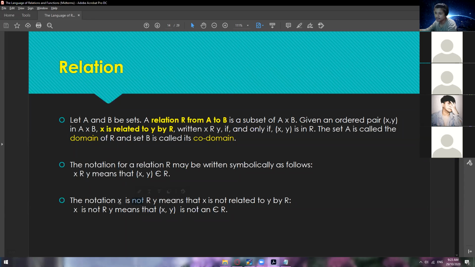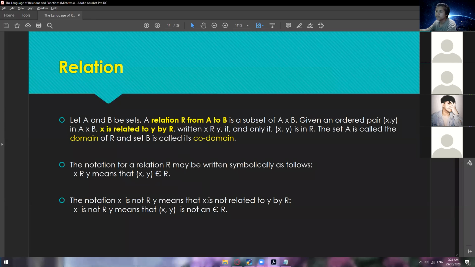So the notation x is not related to y means that x is not related to y by R. So this means that these elements are not related with each other, or not an element of R. So I think very straightforward naman. So just take note that this one is a symbol for relation, meaning they are related with each other. And then we have here x is not related to y, meaning that this element is not related to this element.